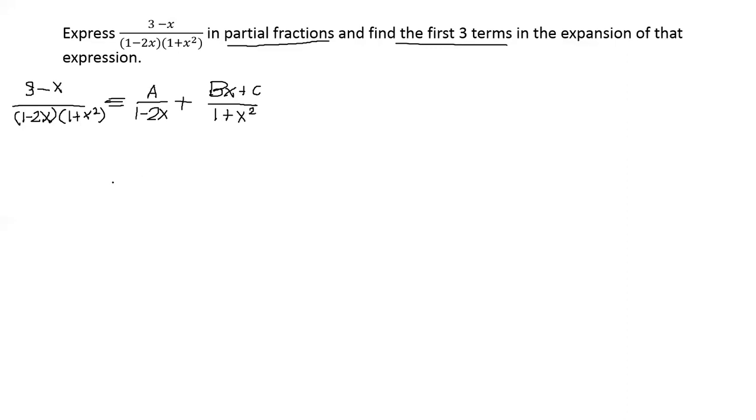Okay, so the numerator 3 minus x is identical to a times (1 plus x squared), afterwards (bx plus c) times (1 minus 2x).